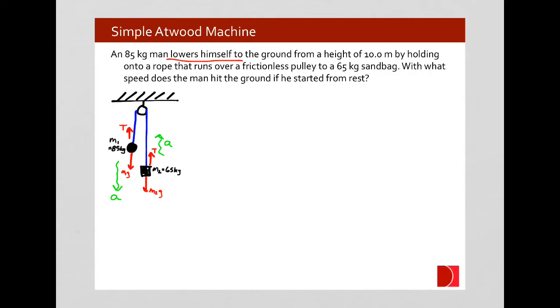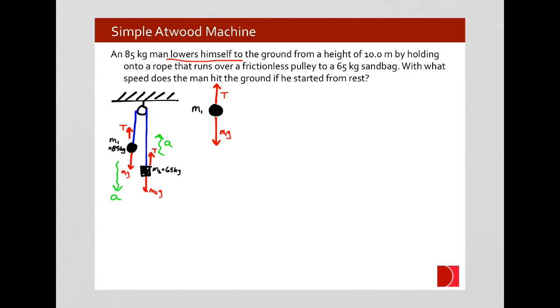So we can draw a free body diagram for each object. We start by drawing the free body diagram for the man. We have gravity pulling him downwards. We have tension pulling him upwards, and they shouldn't be equal because he is actually accelerating downwards.